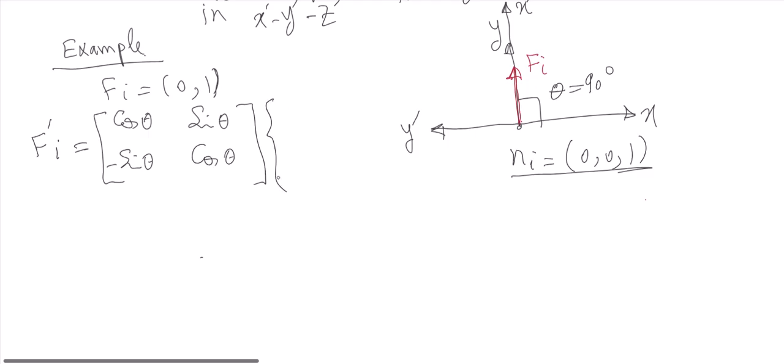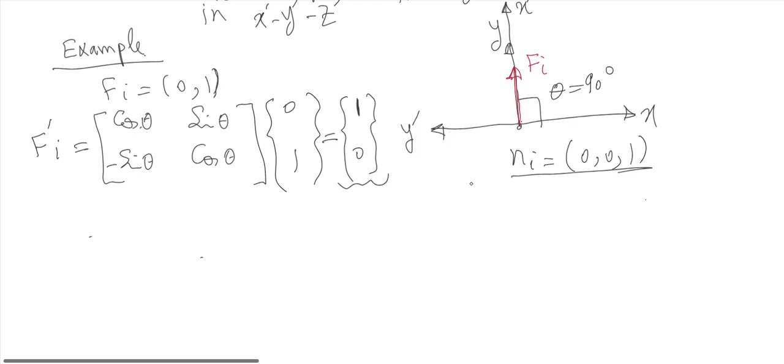And this should be multiplied by my fi. So this gives me what? This gives me 1, because this is 0. This is, let's say, sine 90 is 1, so 1. And then this is minus, and then this is cosine 90 is 0.